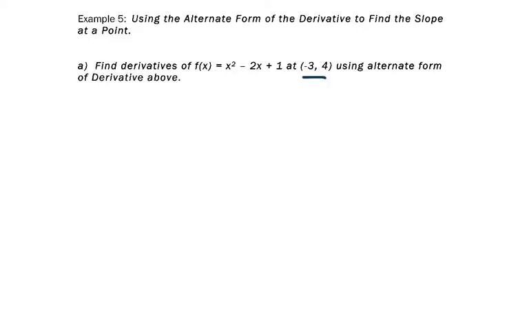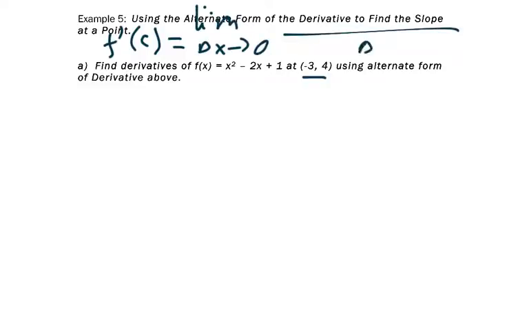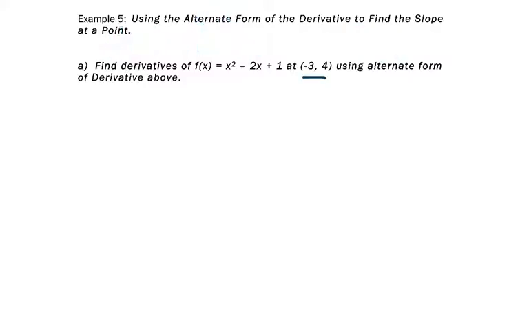So let's recall the alternate form, which is f prime of c equals the limit as delta x approaches 0 of [f of c plus delta x minus f of c] over delta x. Let's rewrite that on the bottom because you cannot see that.